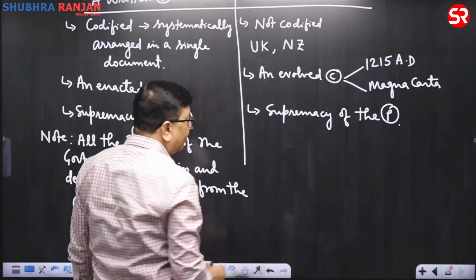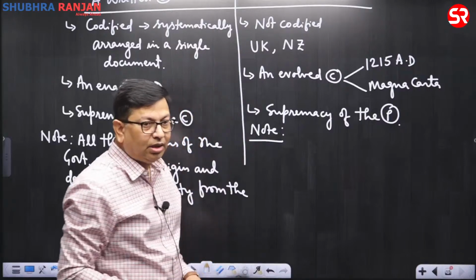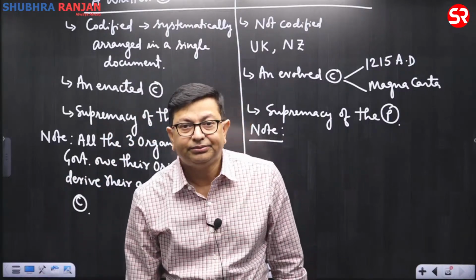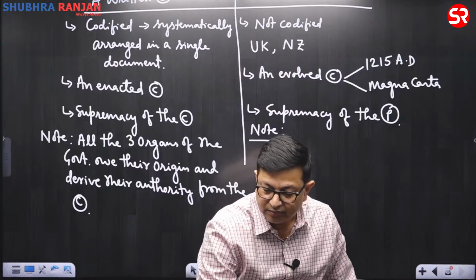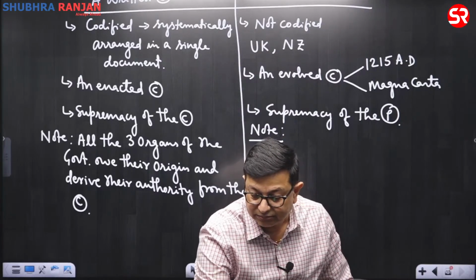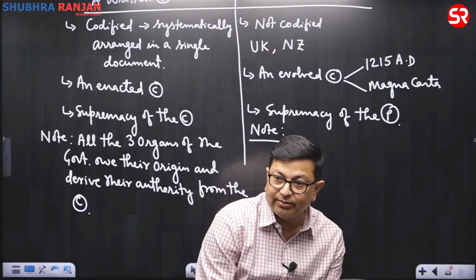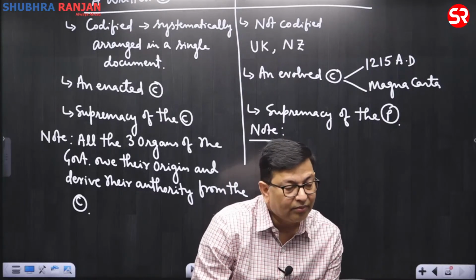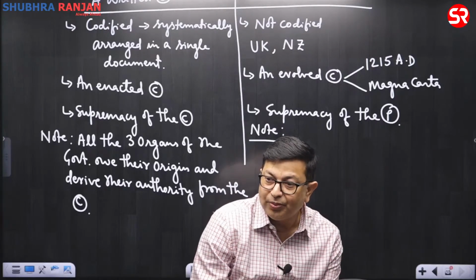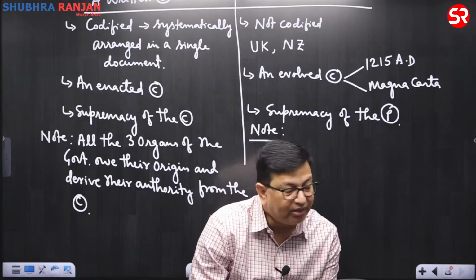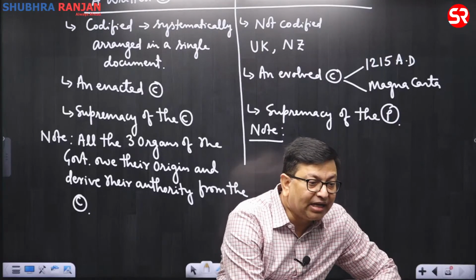So here you can write as a note: the parliamentary supremacy, as it exists in the United Kingdom, refers to the supreme lawmaking power of the British Parliament.